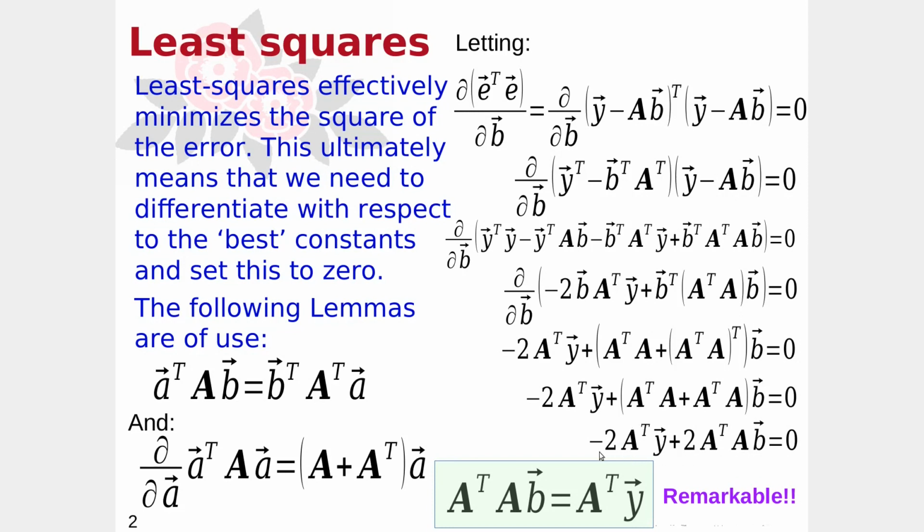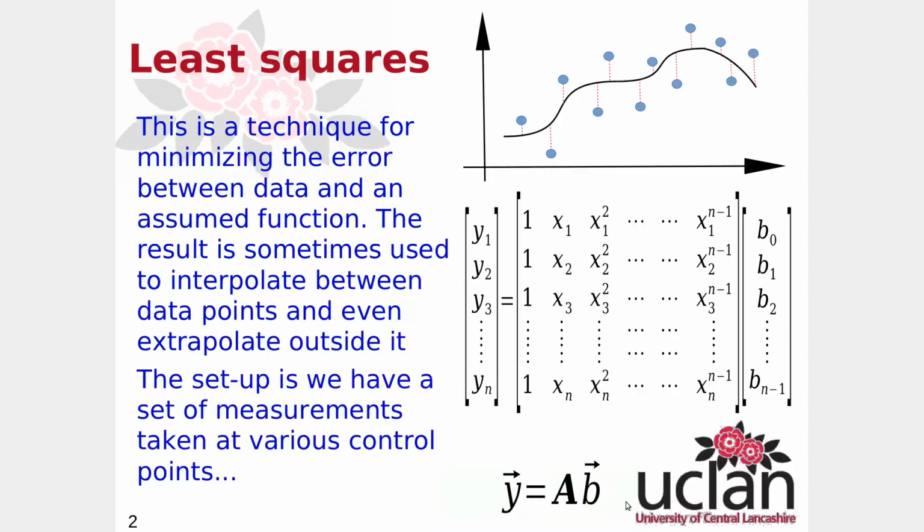The 2's of course will cancel, because we can divide both sides by 2 as it's just a number, and then finally this hops over to the other side to give us the remarkable result of A transpose A times B equals A transpose Y. So we have a form Y equals AB where A is no longer a square matrix.